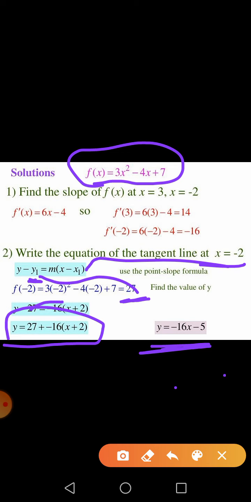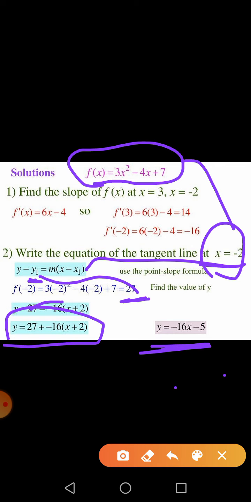So the concept here, when he wants me to write the equation of the tangent line, what I will do is write the form of my equation, y minus y1 equals m multiplied by x minus x1. He, of course, will give me the value of x, to substitute in this function to get the value of y, so x1 and y1 are a point.